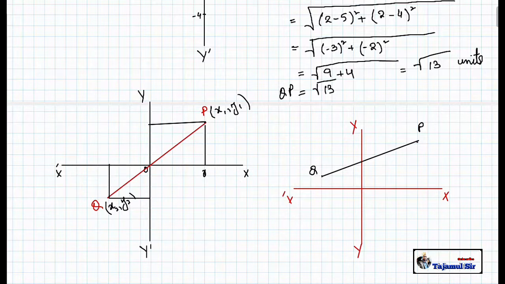It means this is x1 and this is y1, and this is x2 and this is y2.